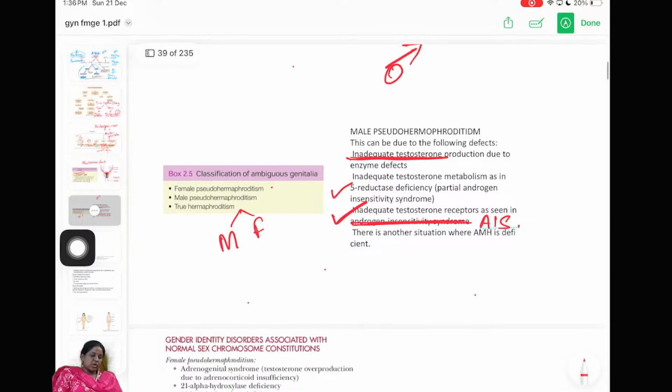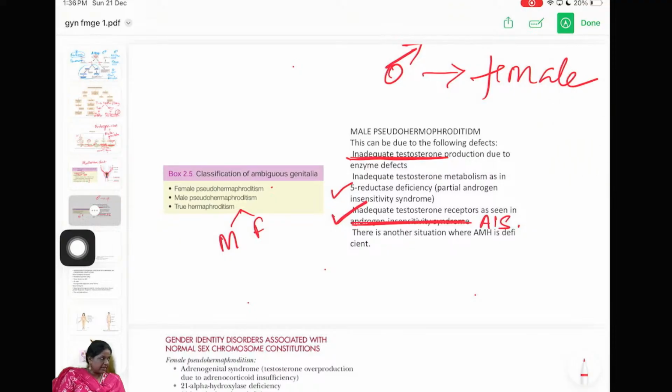In all these conditions, testosterone will not function properly. So the patient is a male only, but he will have female characteristics. Maybe female genitalia might be there. That is what is called male pseudohermaphrodite.